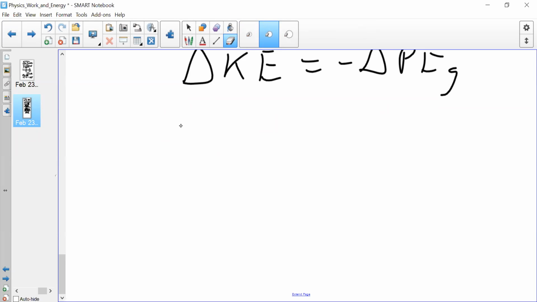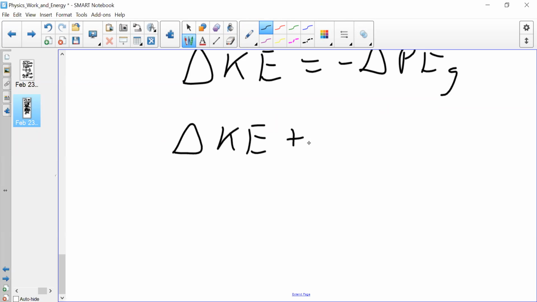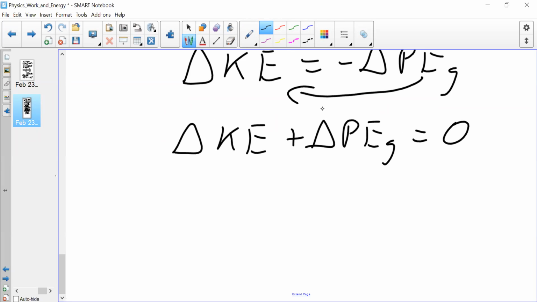So what I can do is add both of these terms to the same side. And if I do that, that's going to be equal to 0 because now I just moved this to the left side. It doesn't really matter. But when I do that, there's nothing left on this side. So the change in kinetic energy plus the change in gravitational potential energy is equal to 0.